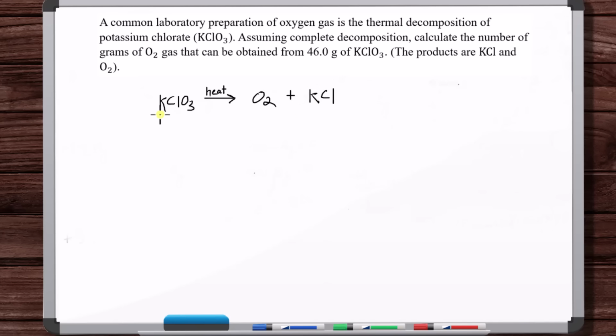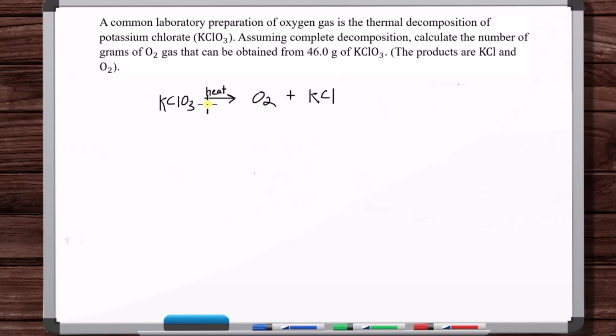We've got one potassium on the left and the right, one chlorine on the left and the right, 3 oxygens on the left, 2 on the right. If you remember the videos on balancing chemical equations, having an element by itself is very powerful, because once you balance every other element, you're pretty much done.